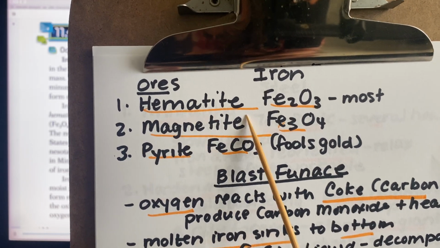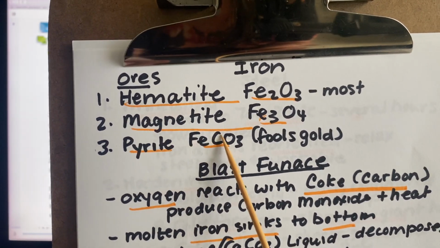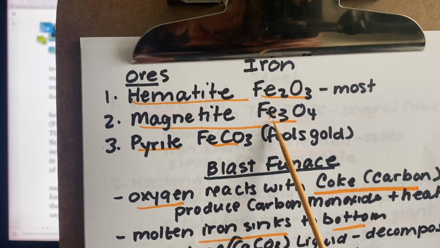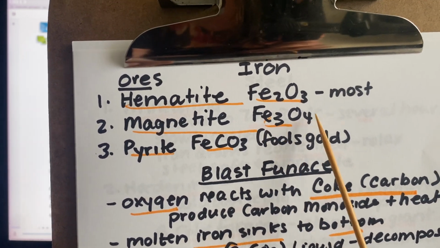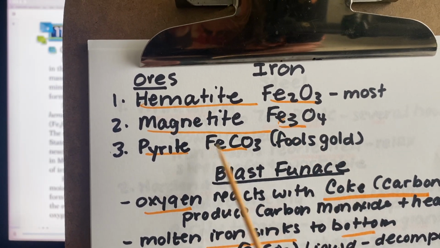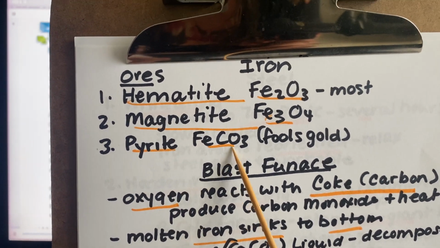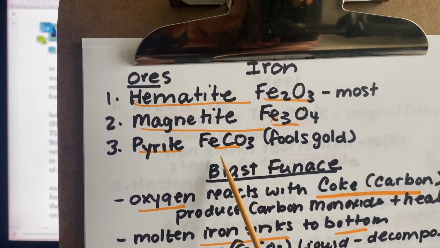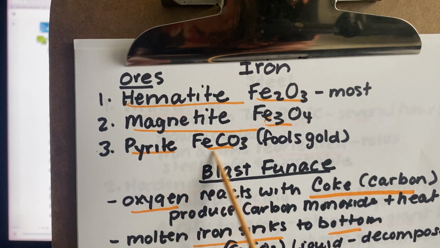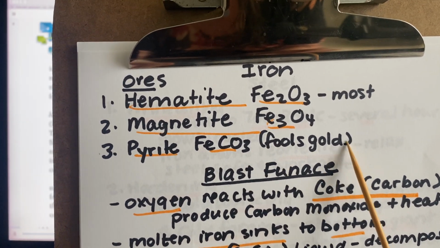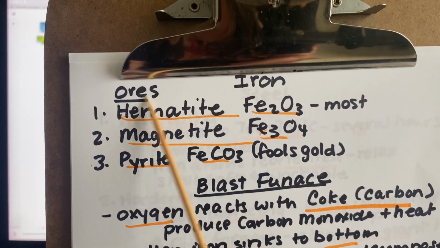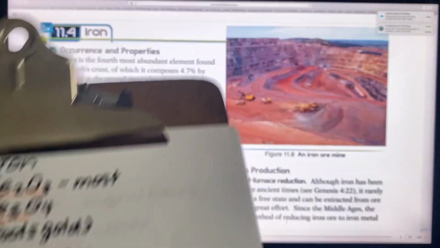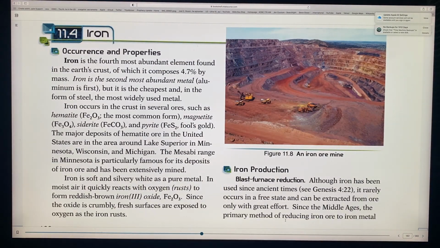And then magnetite is Fe3O4, a little different. And pyrite is FeCO3, which is carbonate, which actually is fool's gold. Fool's gold. So you have to know these ores here. The most common is the hematite.